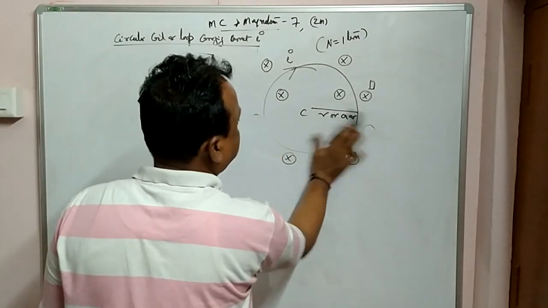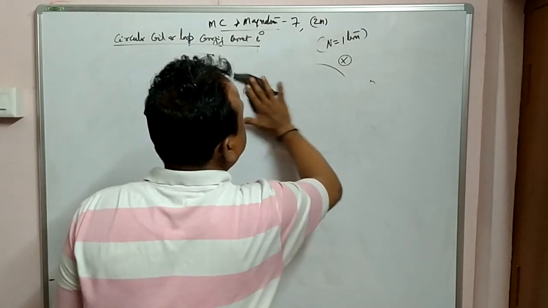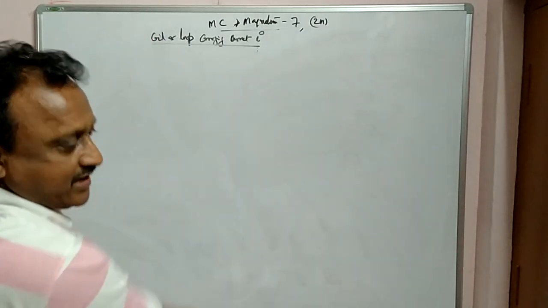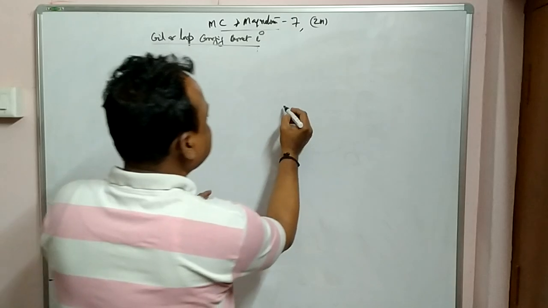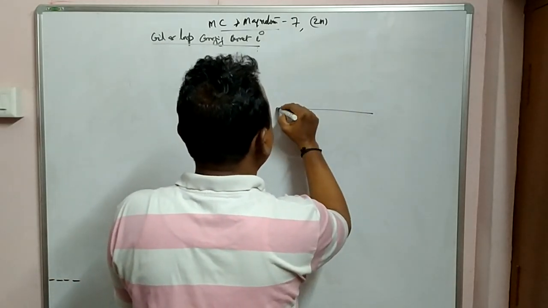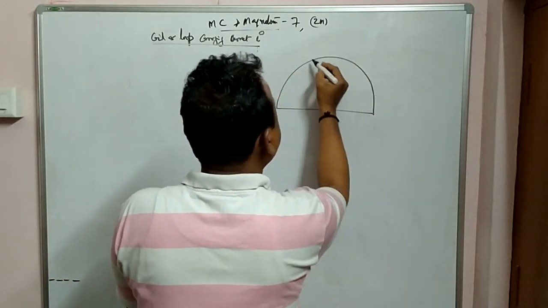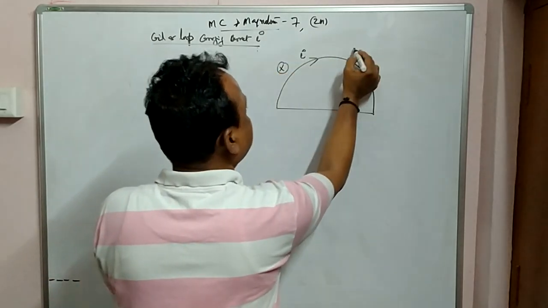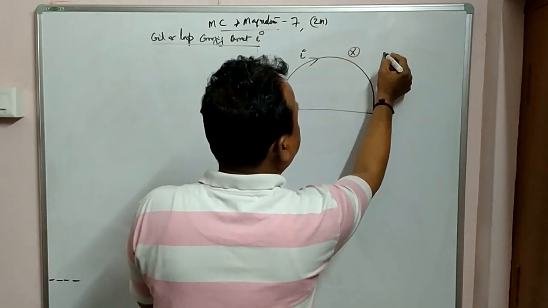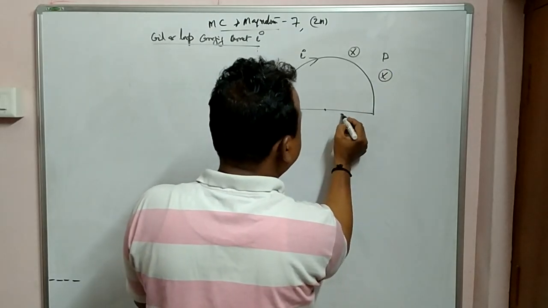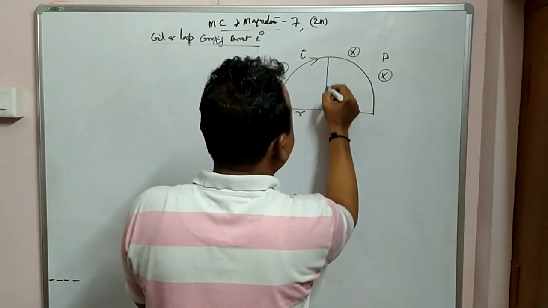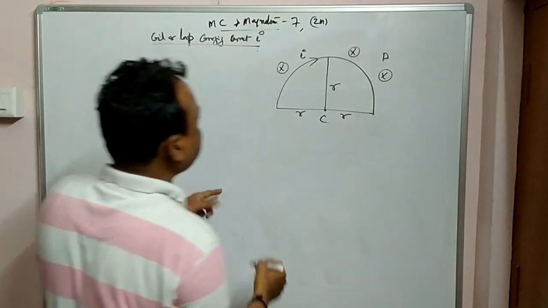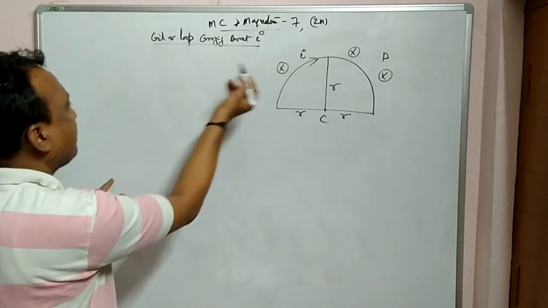Next, suppose we are asking the same thing for a semicircular coil. Again the field is inside if you use the right hand curl rule, and this is the radius R or A, anything. Now at the point C, the center, the semicircle is half of the circle.